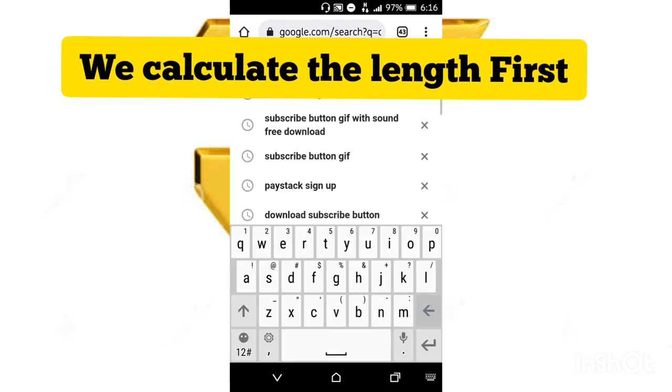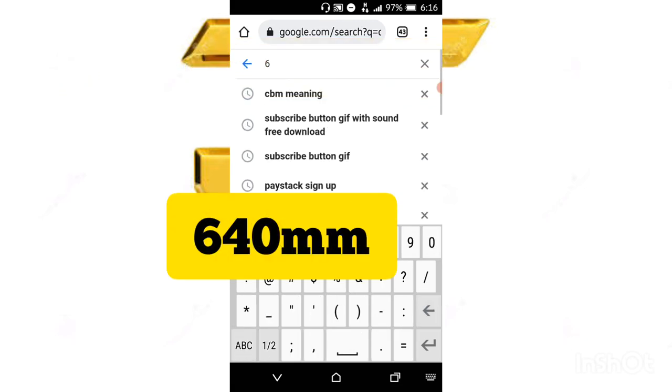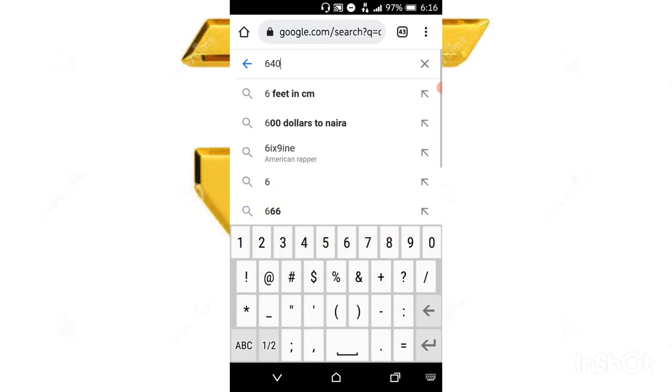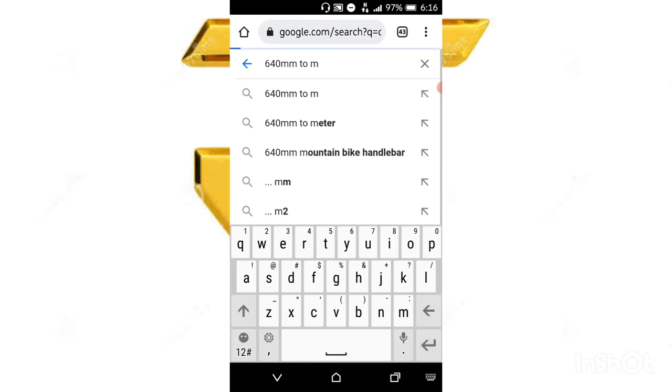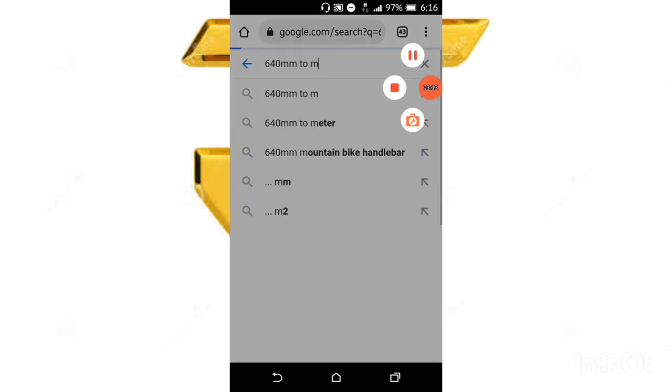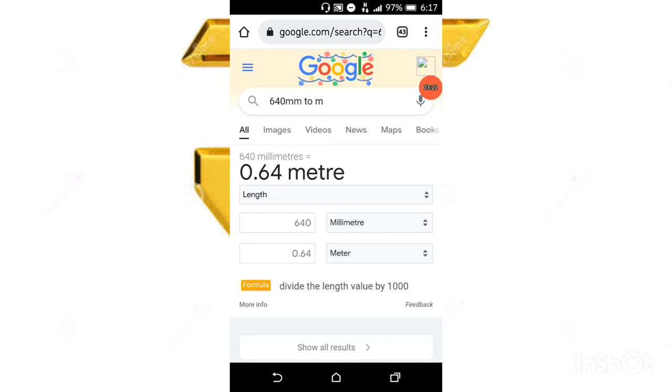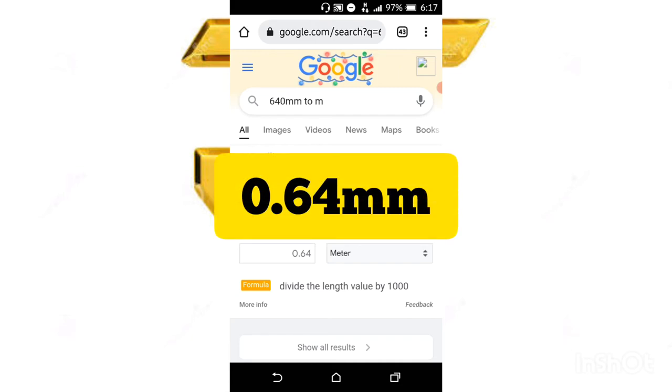First thing I will calculate is 640, which is the length. 640 millimeter to meter. When I calculate the length, I got 0.64 meter.